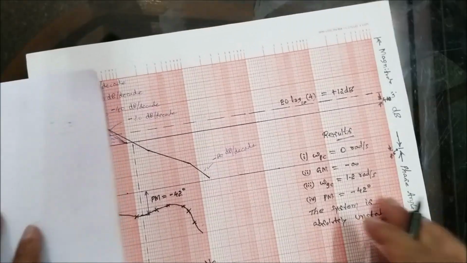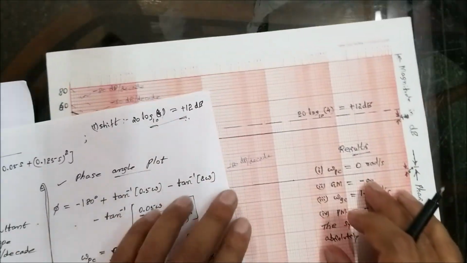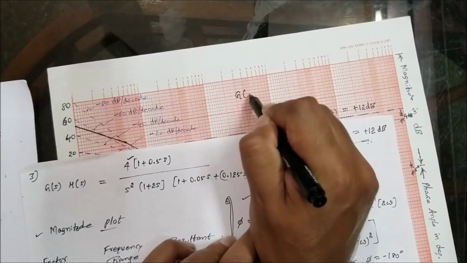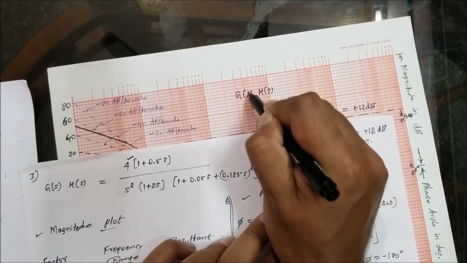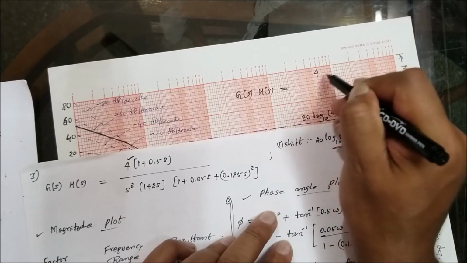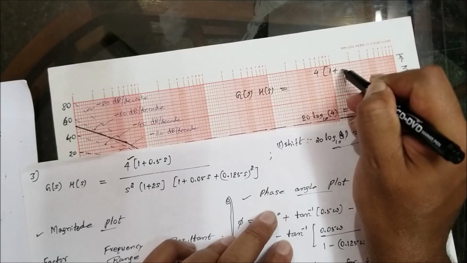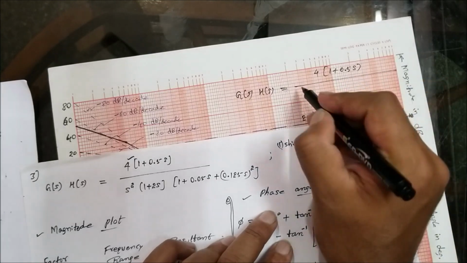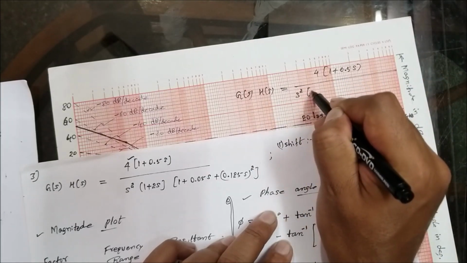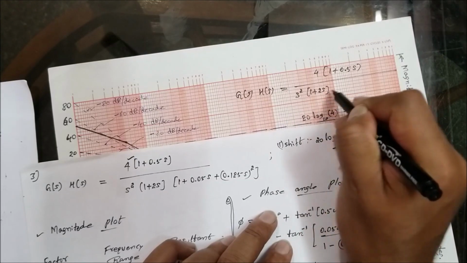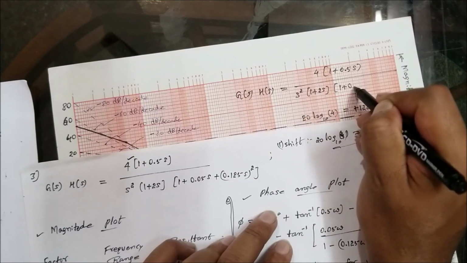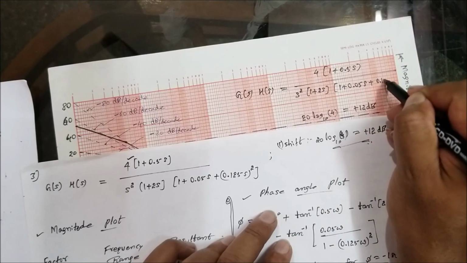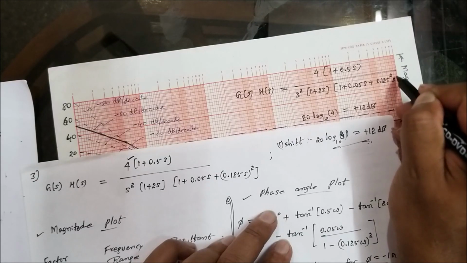What is the given problem? The given problem is G of s into H of s is equal to 4 times 1 plus 0.5 s divided by s square into 1 plus 2s into 1 plus 0.05 s plus 0.125 square s square.